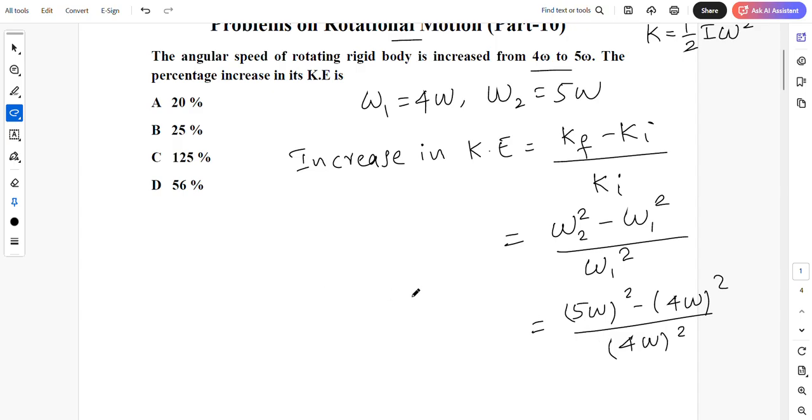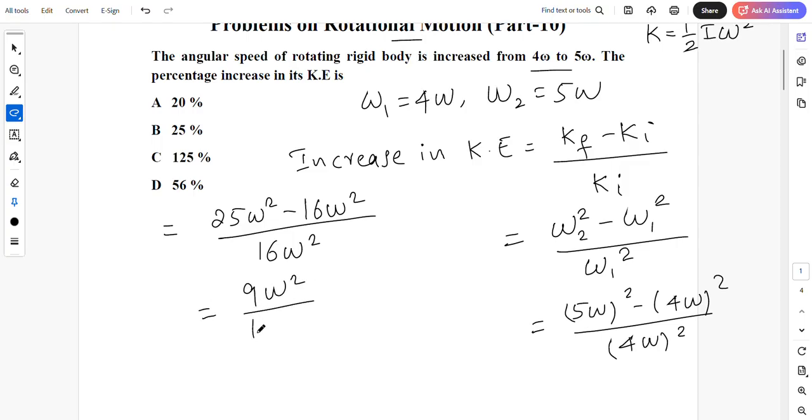That is equal to 25 omega square minus 16 omega square divided by 16 omega square. That is equal to 9 omega square by 16 omega square. Omega square gets cancelled. That is equal to 9 by 16.